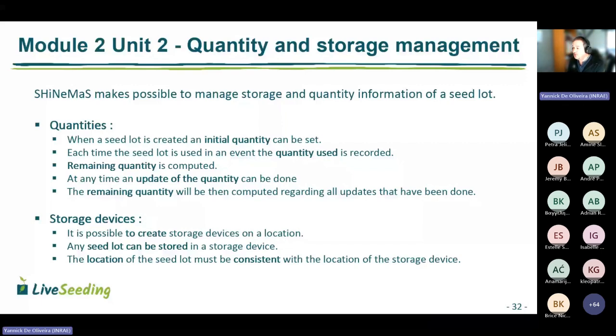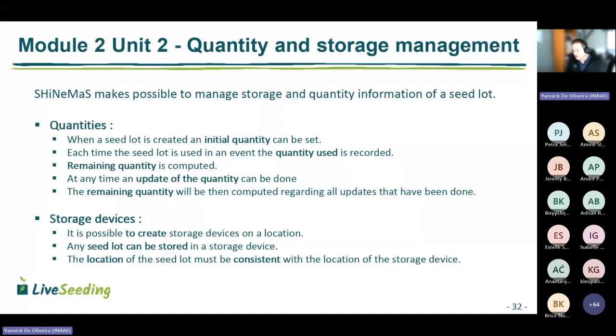And each time the seedlot is used in an event, the quantity used is recorded. And the remaining quantity of the seedlot is computed each time you consult the information. And at any time, you can update the quantity of this seedlot. And in that case, the remaining quantity will be computed regarding all updates that have been done in the past.